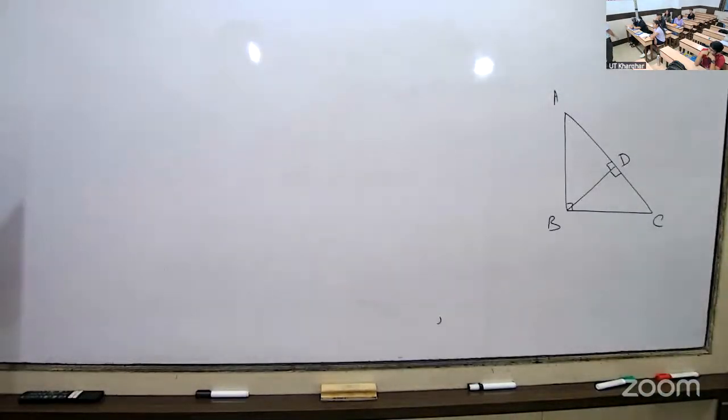Okay, a perpendicular is formed. Clear? How many triangles are formed? Two, three. Two triangles formed and total three. Three triangles are formed in this figure now. Yes or no?